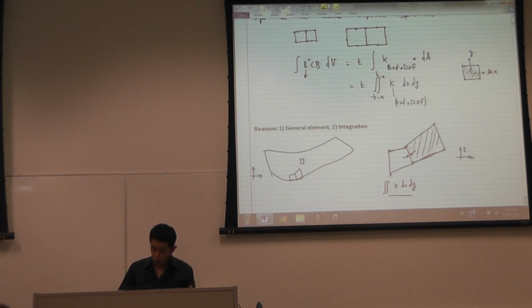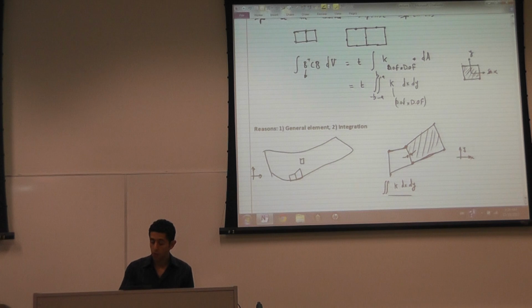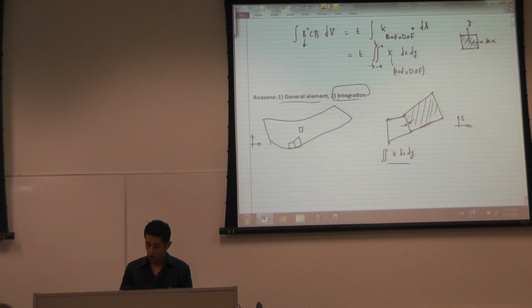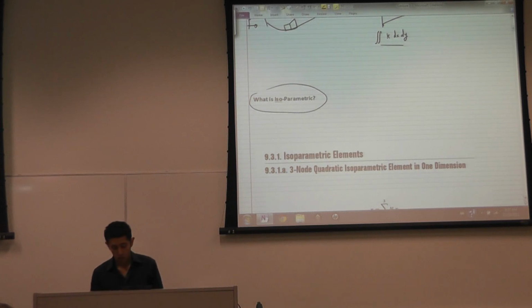So throughout the development of FEA, there are so many ways to come up with elements to be able to model a general shape and to be able to do the integration in a simple manner. And the result of all the work that was done is the isoparametric elements.